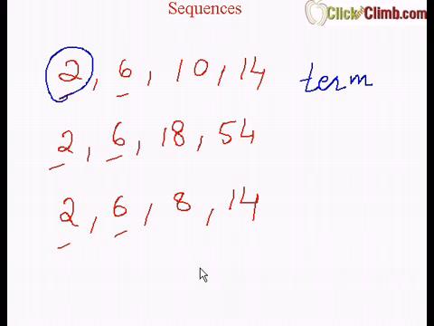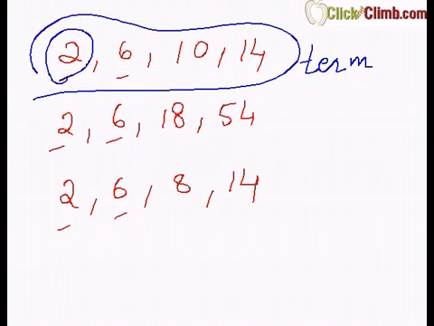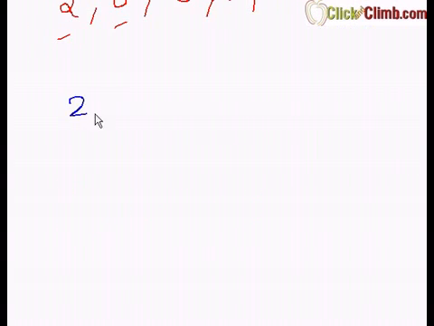We just observe the pattern, observe the sequence, and find the next term. Say the first sequence is 2, 6, 10, 14. Now if I want to find the next three terms of this sequence, what will I do? I'll first observe the pattern.